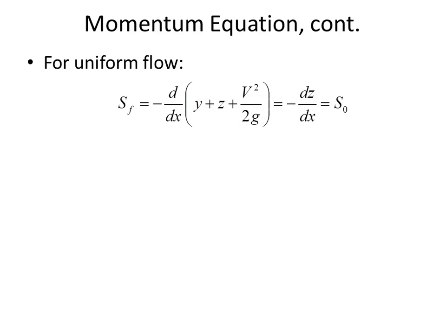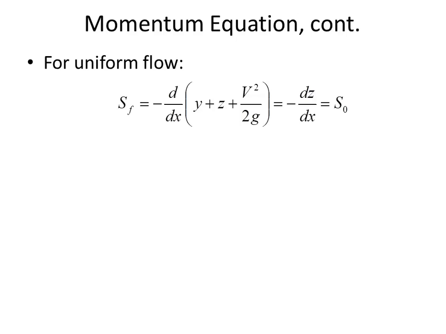The slope of the energy grade line is looking at, in the direction of flow, in the x direction of flow, how the sum of those things is changing. Okay, so here's the energy grade line. The slope of the energy grade line, S sub F. You just look at where is all of the energy.